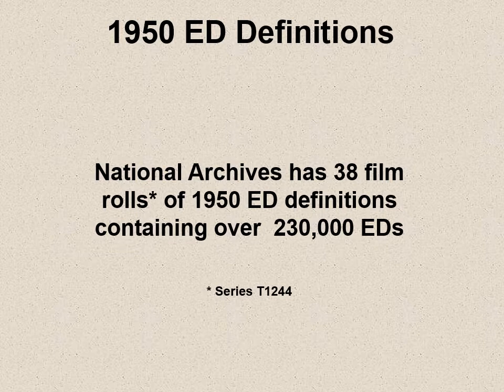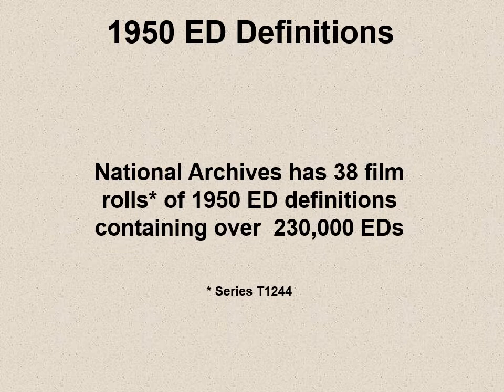Now, another way of going from a location to an enumeration district is that the National Archives has 38 film rolls of these 1950 ED definitions. There are quite a number of definitions, over 230,000.